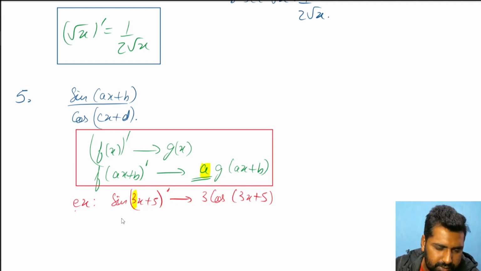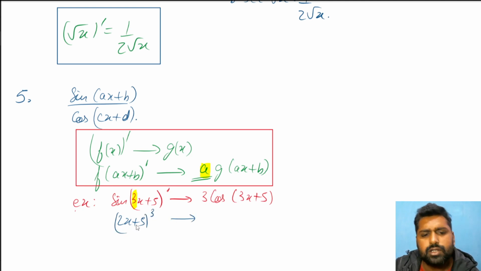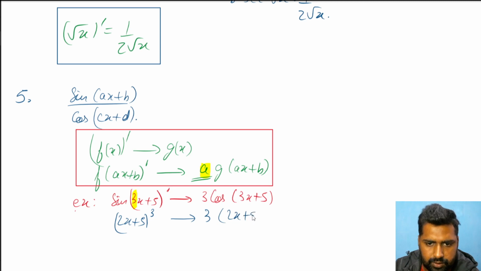Suppose you are supposed to differentiate 2x plus 5 power 3. Okay, so pretty much it is looking like x raised to power 3, but instead of x you have 2x plus 5. So what is differentiation of x raised to power 3? 3x square. So 3, this thing is your new x, so 2x plus 5 whole square.